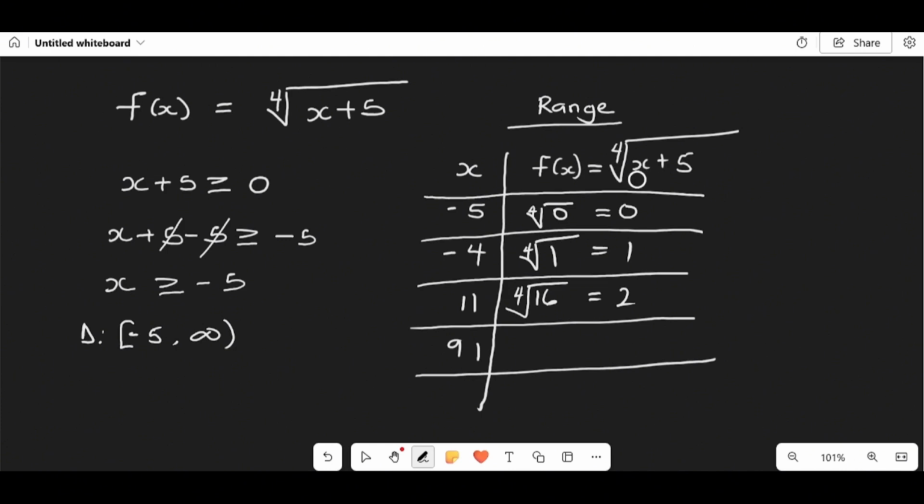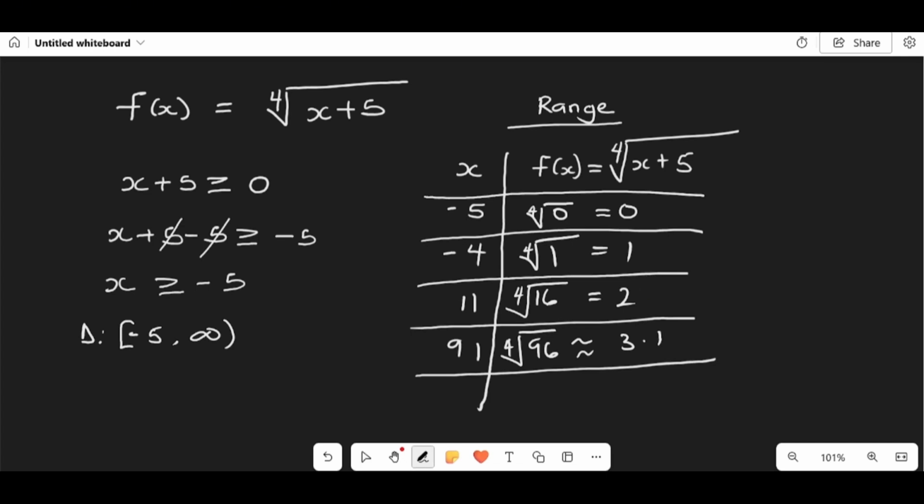If we insert 91, we get 96, and the fourth root of 96 is approximately 3.1. And we can see as x increases beyond minus 5, the output also increases.